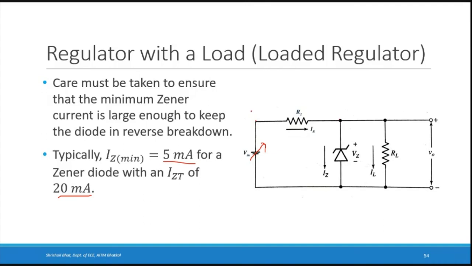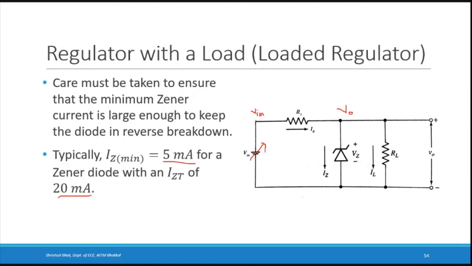What is the voltage at this point? It is Vin, right? And what is the voltage here? The voltage here is Vz. From here to ground, it is Vz. It is the same as V0 and Vz, right? It is the same. So the voltage across R1 will be Vin minus V0.